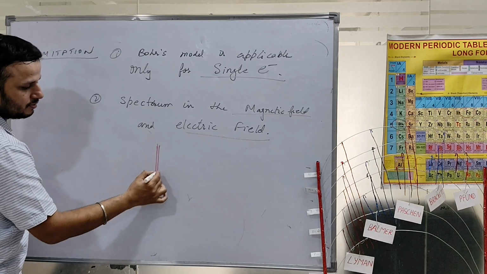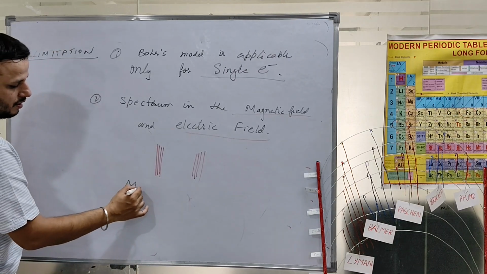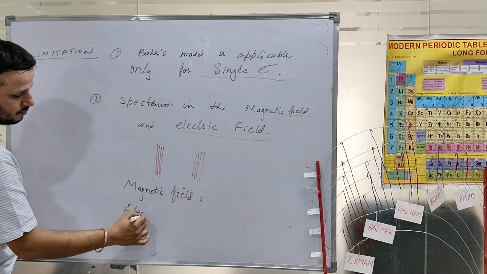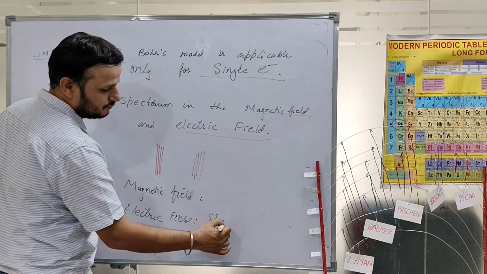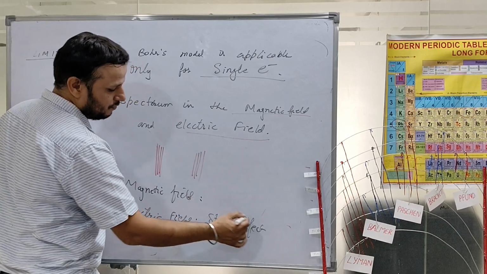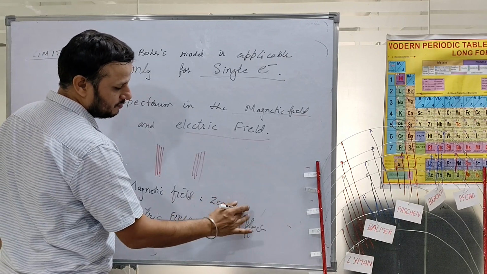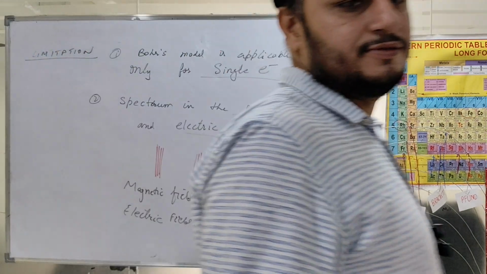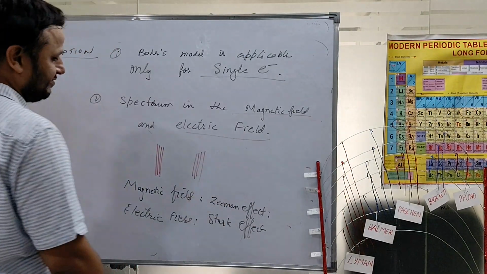These lines split further, and there are two names given for this. For the electric field it is known as the Stark effect, and for the magnetic field it is known as the Zeeman effect.